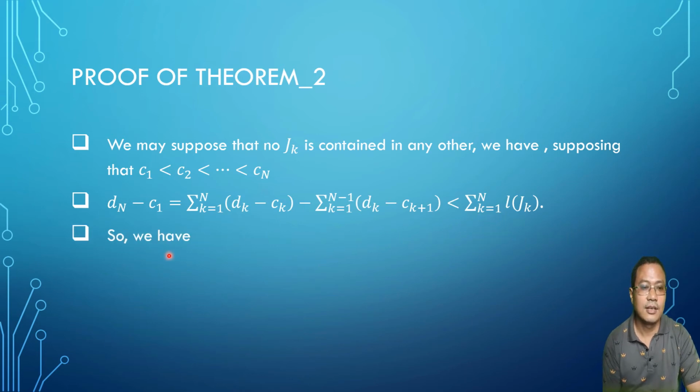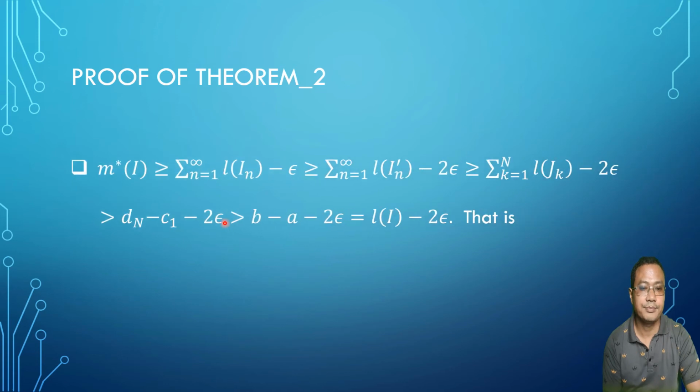So what do we have? The outer measure is greater than or equal to the summation n going from 1 to infinity of l(In) minus epsilon, okay. That is coming from inequality number 1. So that will be greater than or equal to the summation n going from 1 to infinity minus twice epsilon. So equality is there, you can write it like this.